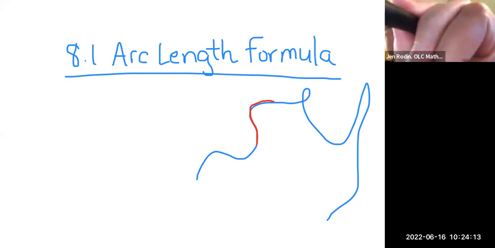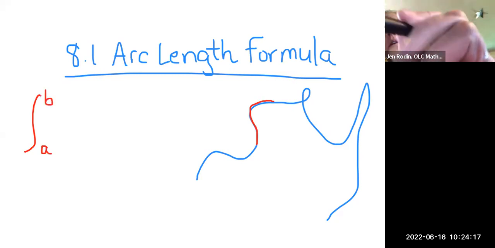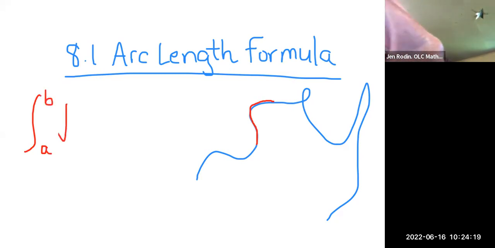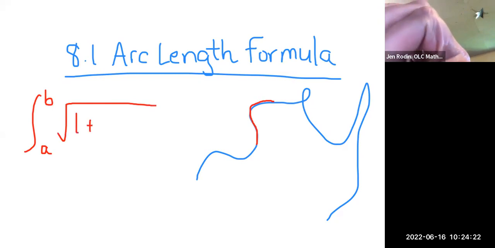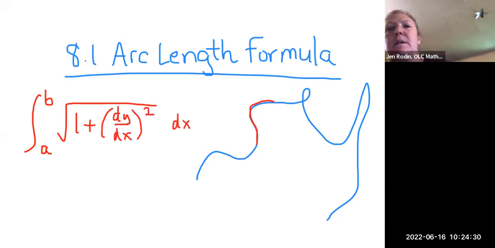So the formula looks like, here's your interval of x values, and it's an integral of the square root of 1 plus the derivative squared, with dx out here.